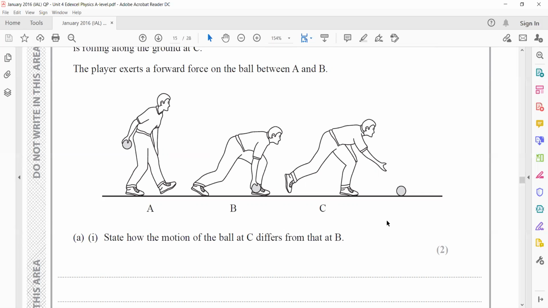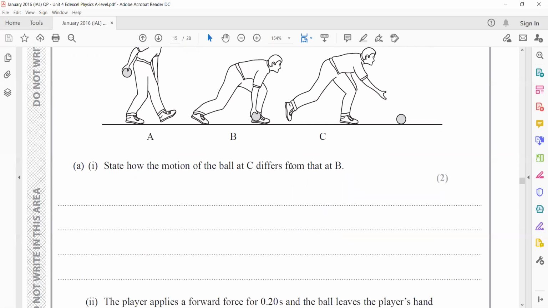At C, it is decelerating, because there's a frictional force. So 2 marks: one is at B, the ball is accelerating and its speed will increase. The second mark is at C, the ball will slow down due to the friction. So there was no fixed answer, it was a general question rather than from a specific topic.